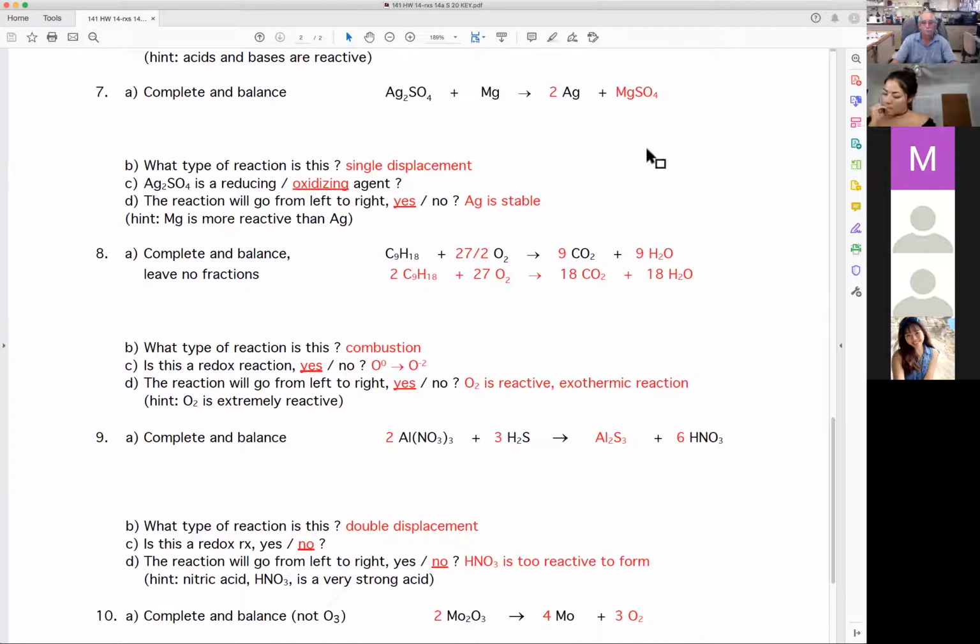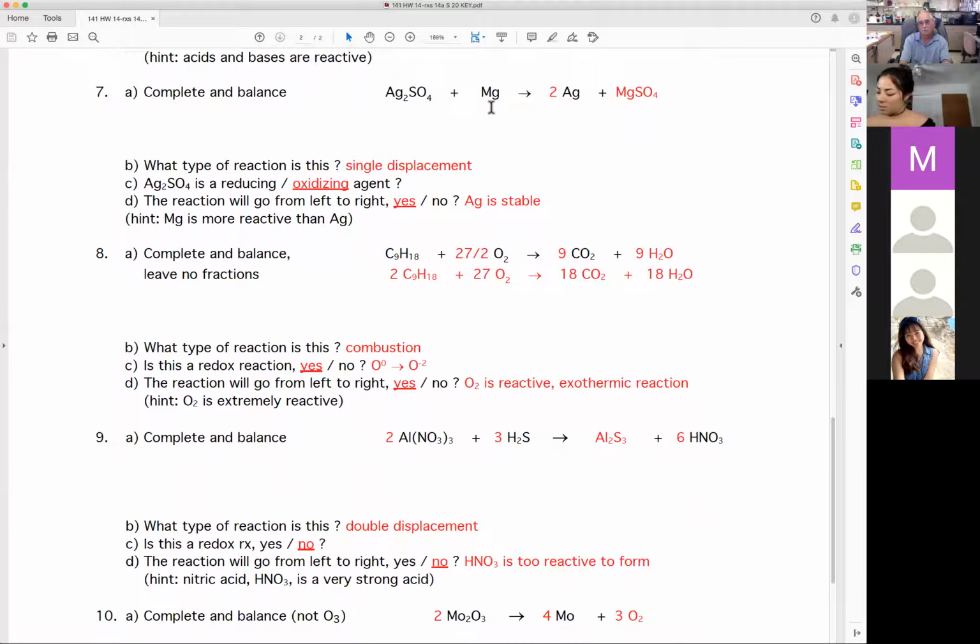Here, I'm comparing magnesium with silver. Obviously, silver is extremely stable, so this reaction would happen. So what's happening to magnesium? Oxidized?